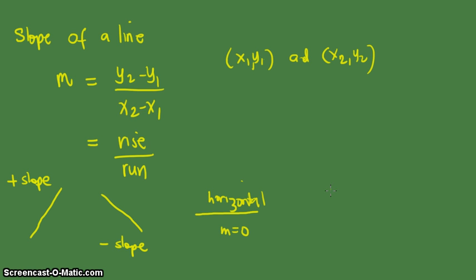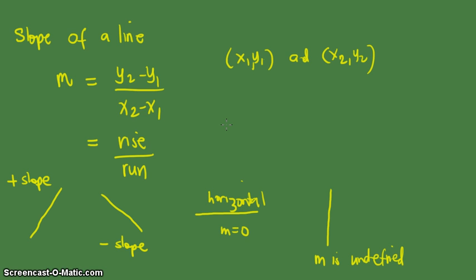When we have a vertical line, the slope m is undefined. So these are the 4 different types of slopes: it can be positive, negative, 0, or undefined.